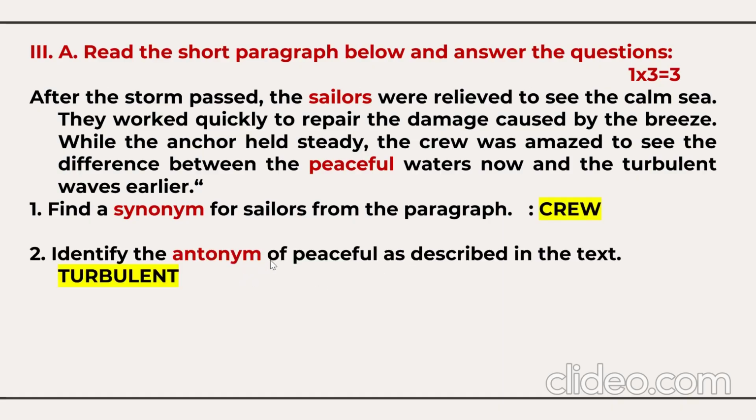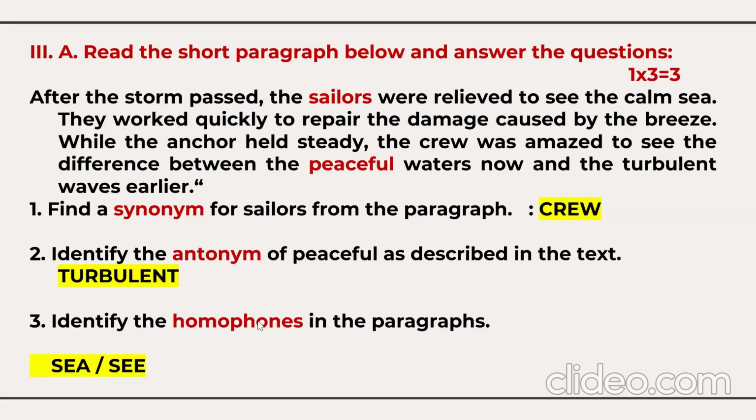Second, identify the antonym of peaceful. What's the antonym of peaceful? Turbulent. Third question, identify the homophones. So when we go through this one, we find two homophones. One is SEE, one is SEA. So like this, a short paragraph will be given. Based on this paragraph, you will be asked 3 questions for vocabulary building.